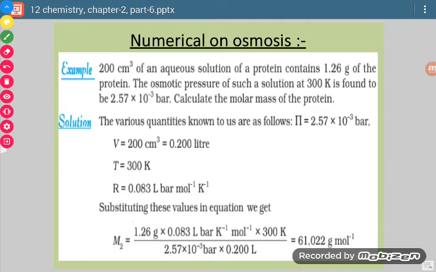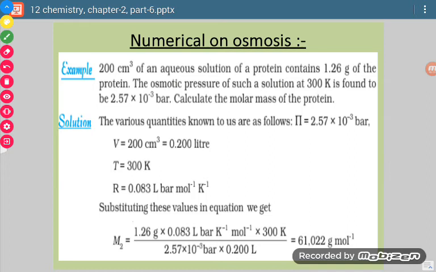Now let us solve one numerical on the basis of osmosis. See here in this question: 200 cc of an aqueous solution of a protein contains 1.26 gram of the protein. The osmotic pressure of such a solution at 300 Kelvin is found to be 2.57 × 10^-3 bar. Calculate the molar mass of the protein. Now what all things are given?